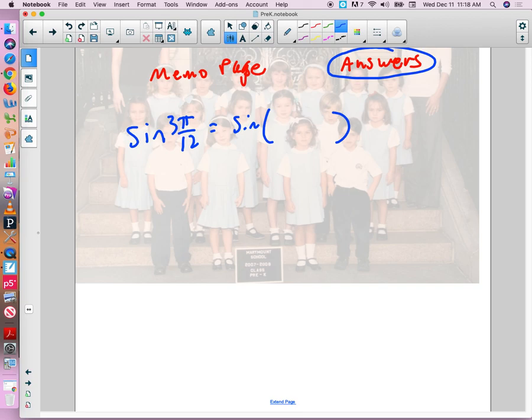I'm trying to think if I can even do this one. Yeah, can't you simplify to pi over 4? Sorry. Yes. Certainly. If I gave you 3 pi over 12, go to pi over 4. Okay. 5 pi over 12. All right? You could do 2 pi over 12 plus 3 pi over 12. That gives you the sine of what? Pi over 6 and pi over 4. And then you can go on with your life. So I'll only give you radians that you could come up with. And we'll do some of those on Friday. Okay?